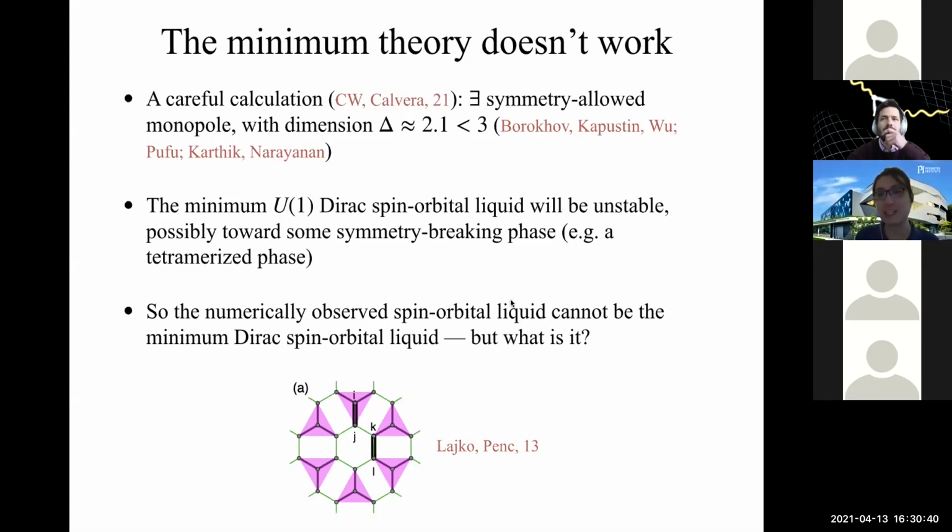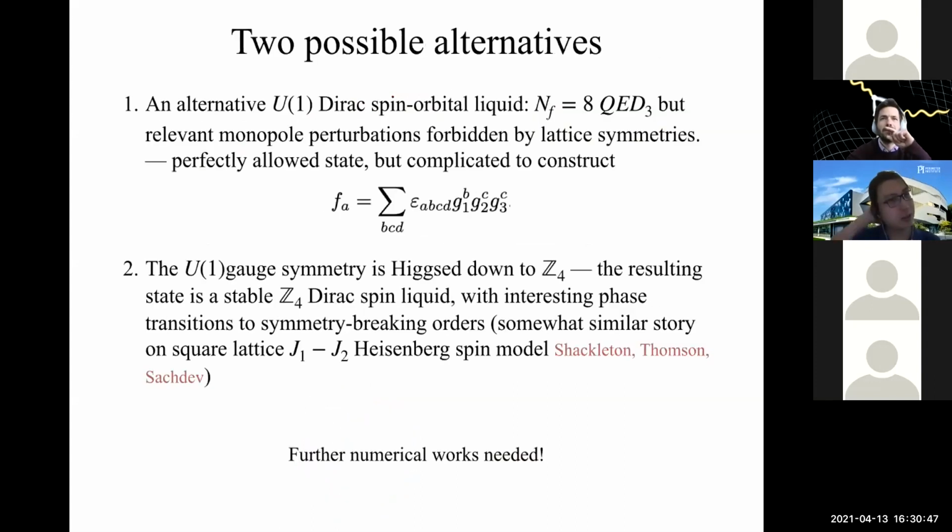Suppose it is really a spin liquid, which looks like it is. So what is it? Well, there are 2 possible alternative scenarios. Well, there are more than 2. The 2 are the minimal ones that we can think of, basically.